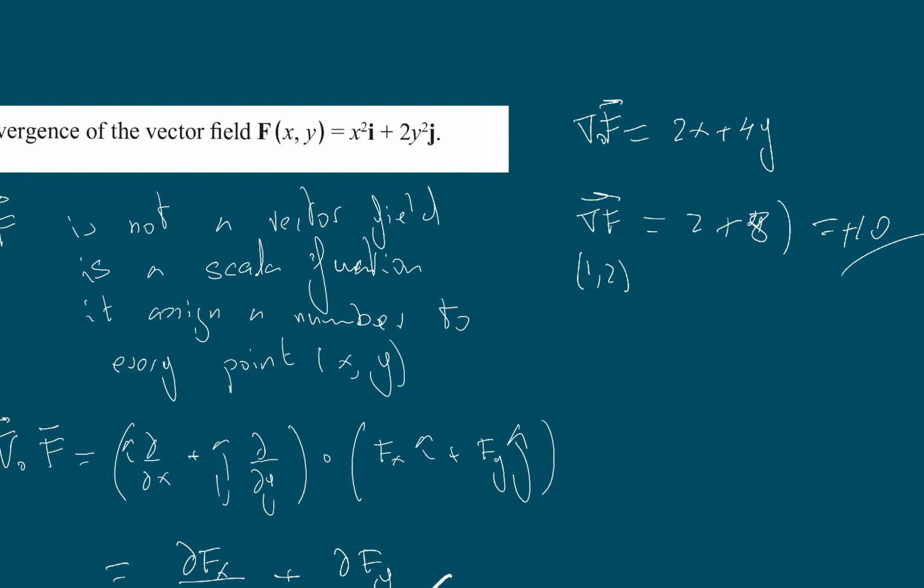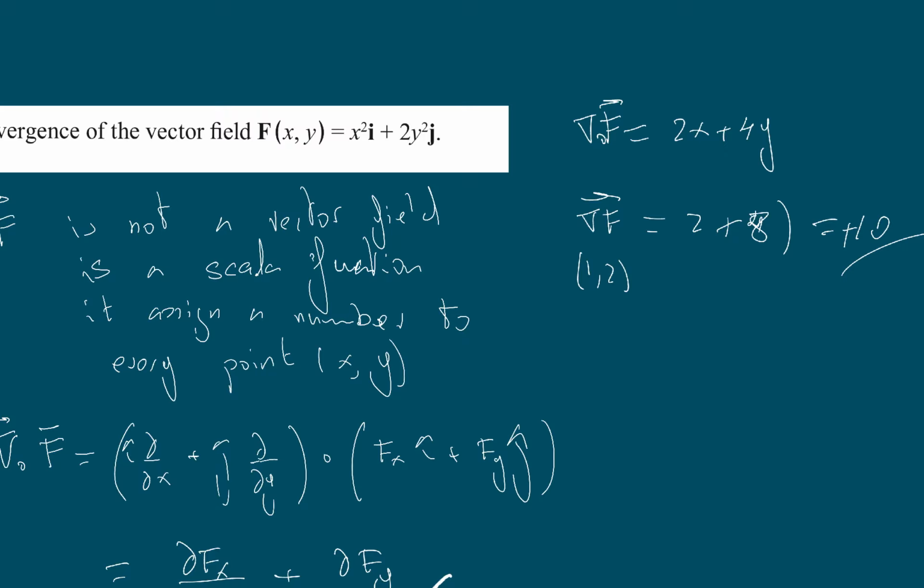If the divergence is negative, it is because the flux is coming into the volume, minus 10, meaning there are 10 units of net flux coming into the volume.